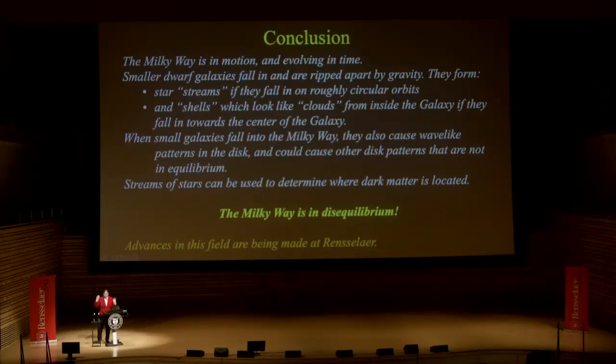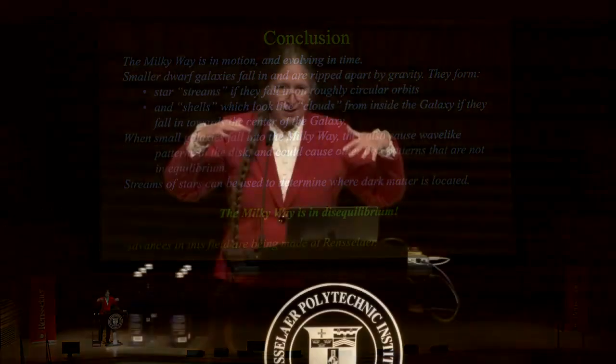And then also when they fall in, they cause these wave-like particle motions in the disk that show that our galaxy is not completely in equilibrium. And it's been kind of a problem for us as astronomers because we've always assumed everything was in equilibrium when we're trying to figure out how much mass is in there or what the shape of the disk is. We always assume that it's some smooth shape.